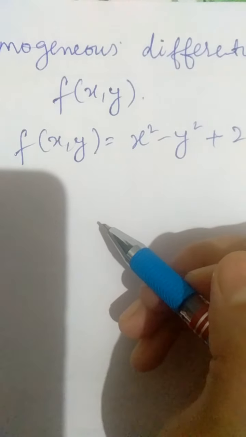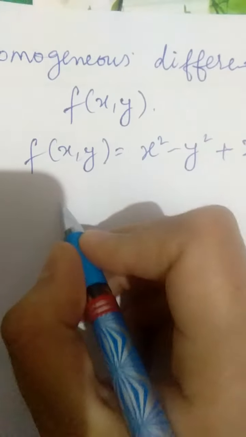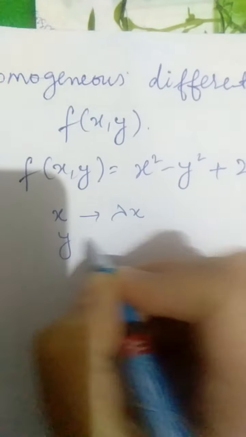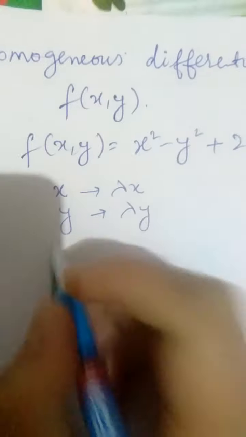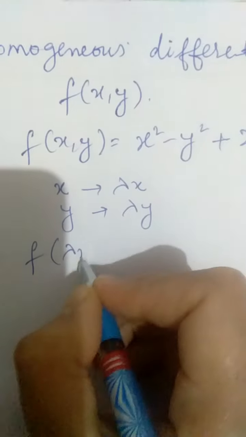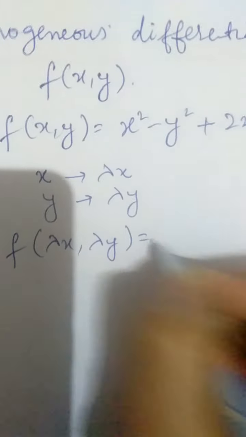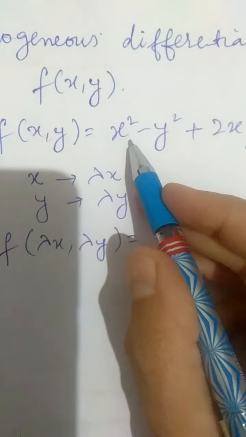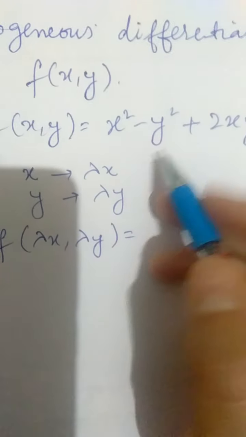Now the beauty of homogeneous functions is that if we replace x by lambda x and similarly y by lambda y, what do we get? So f of lambda x, lambda y is equal to, that means you have to replace every x with lambda x and every y with lambda y.